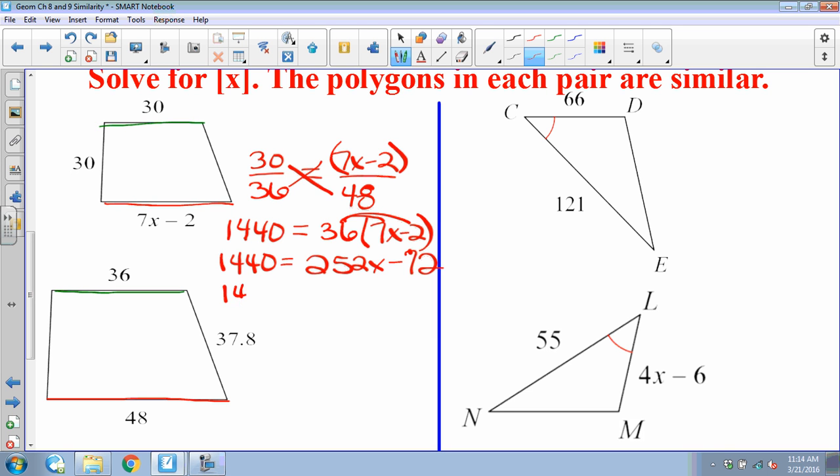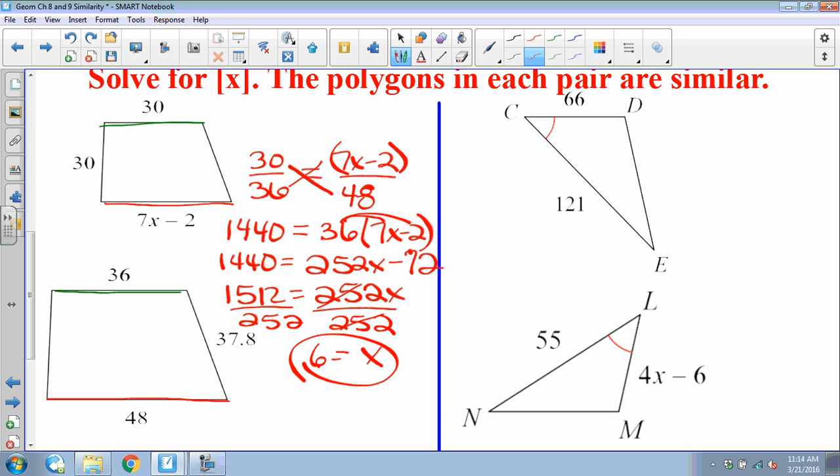And so 1440, we add 72 to both sides, and you get 1512 equals 252x. Divide both sides by 252, and you get x equals 6. And that's all they wanted you to do was solve for x.